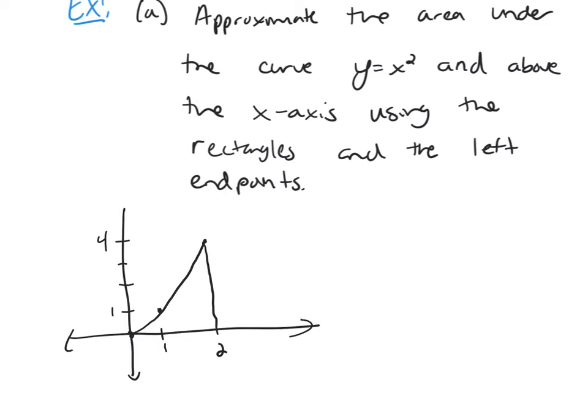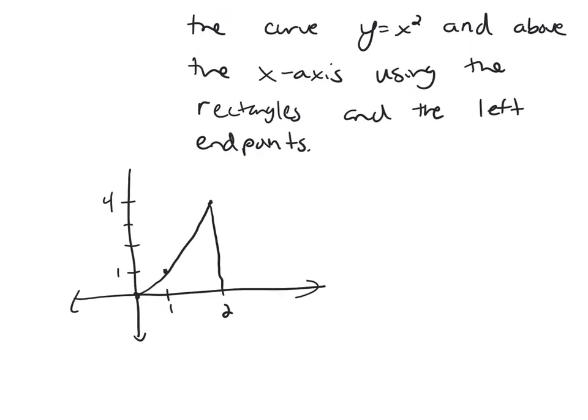And then in each, so we're going to have a rectangle here from 0 to 1, and a rectangle from 1 to 2, because remember, the width of each rectangle is 1. And then for the height of these rectangles, we're using the left endpoints in our intervals. So we're going to use this left endpoint right here for our first height. Our height will be 0 for that. And then we're going to use the left endpoint here, make a rectangle right there.